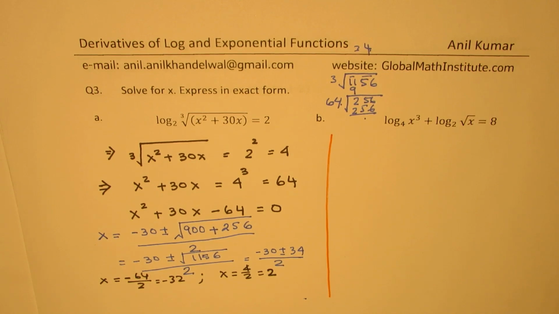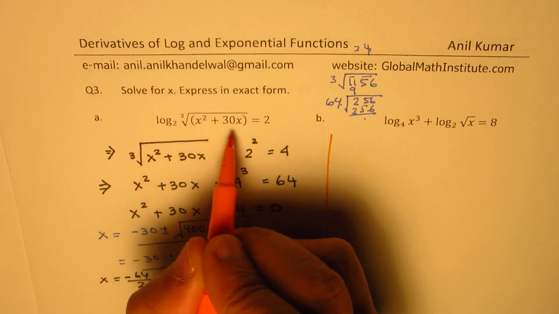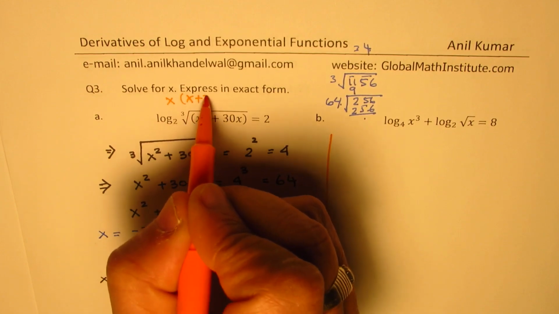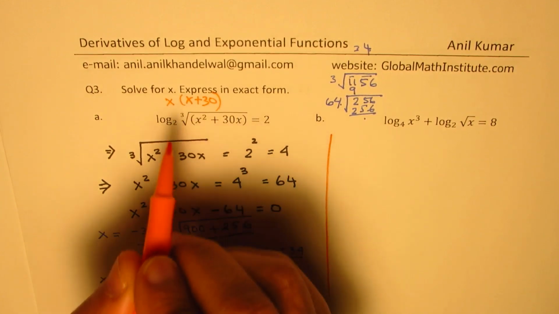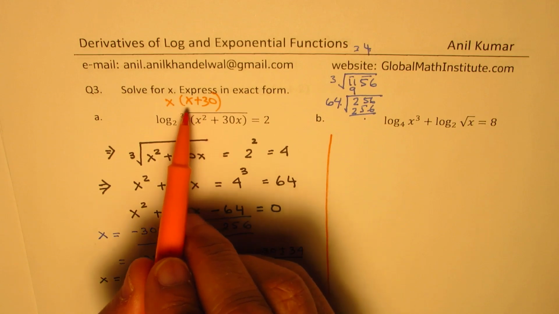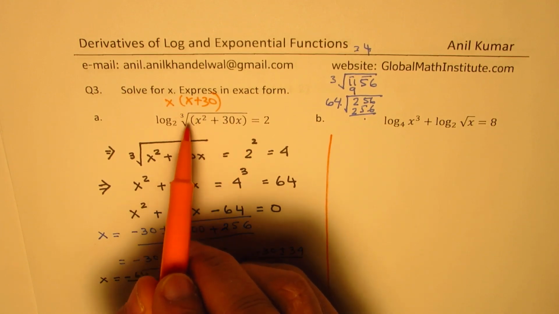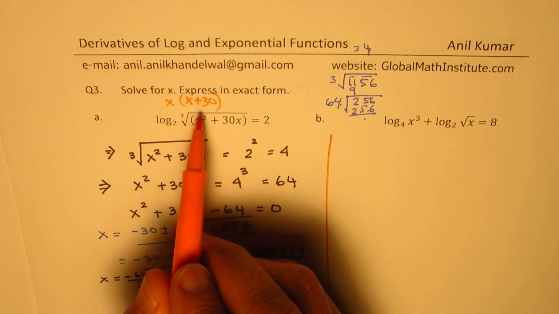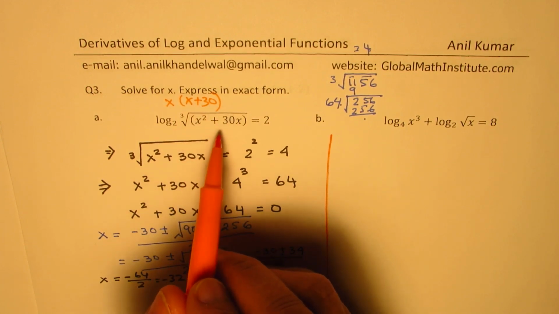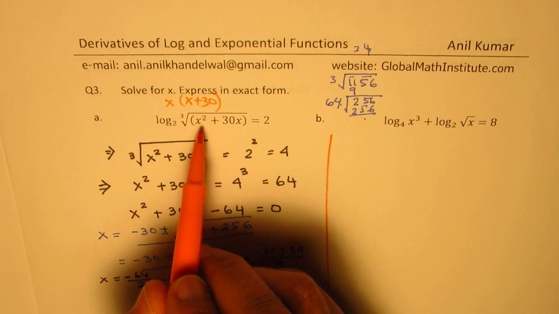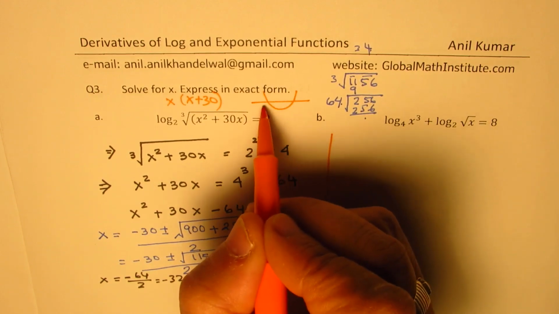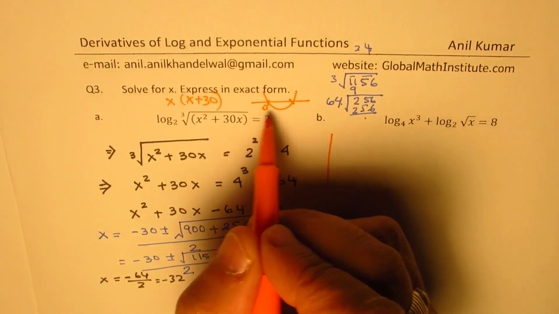Perfect. You can see that for this expression to be greater than 0, it can be factored as x times x plus 30, right? It is 0 at 0, and it is 0 at minus 30. So this is a parabola, which looks like this, right?